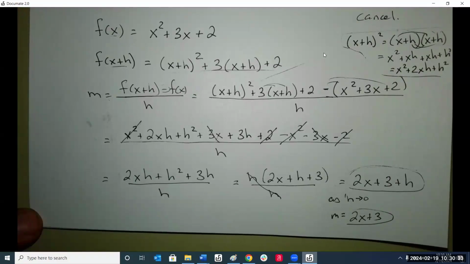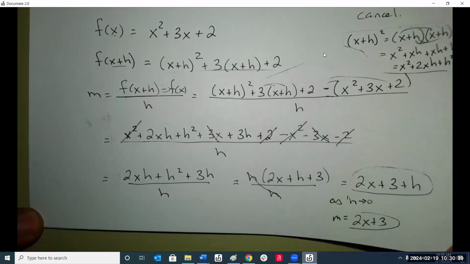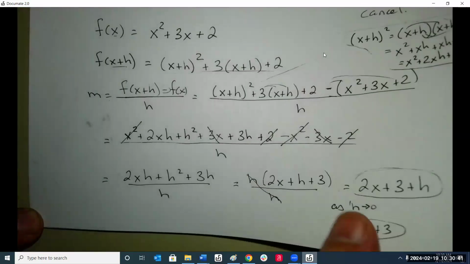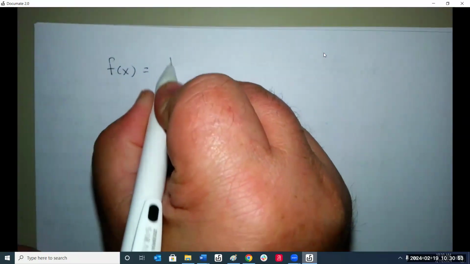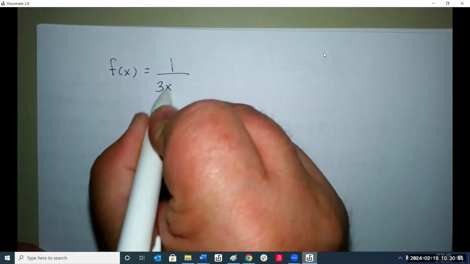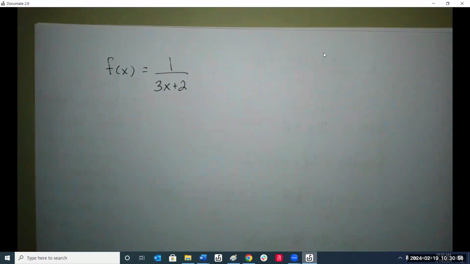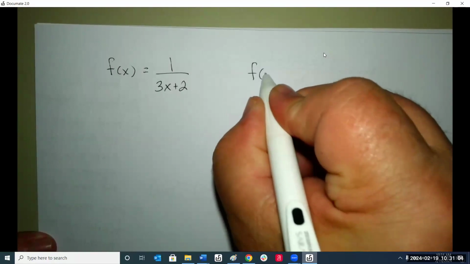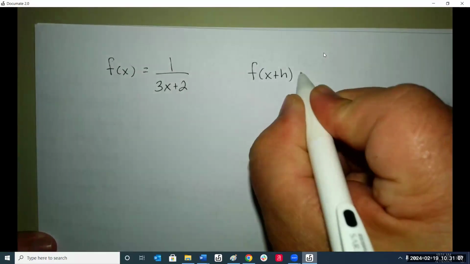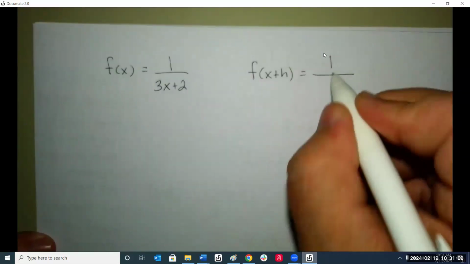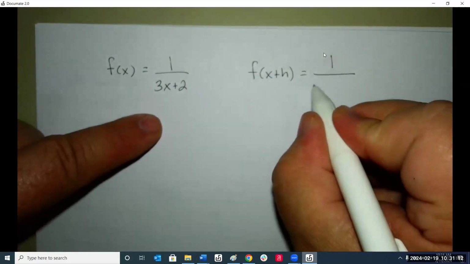All right, let's look now at a fraction problem. One over 3x plus 2. The same steps. We have to find f of x plus h. So anywhere we see an x, I put an x plus h.